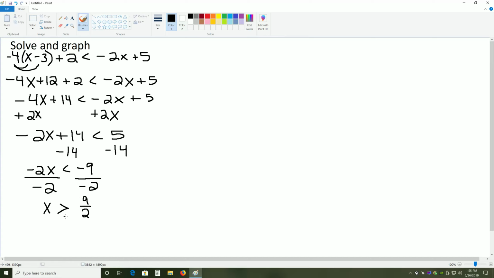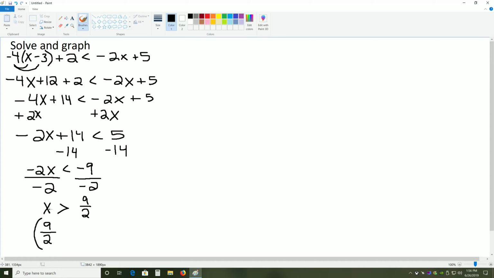And from here, we want to write this in interval notation. So x is greater than 9 over 2 means that we'll have 9 over 2 as our start, as it's the smallest number we can have. And because there's no equal sign, we will put a parenthesis with it.